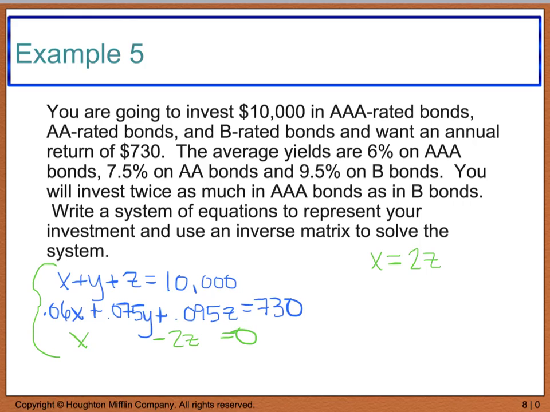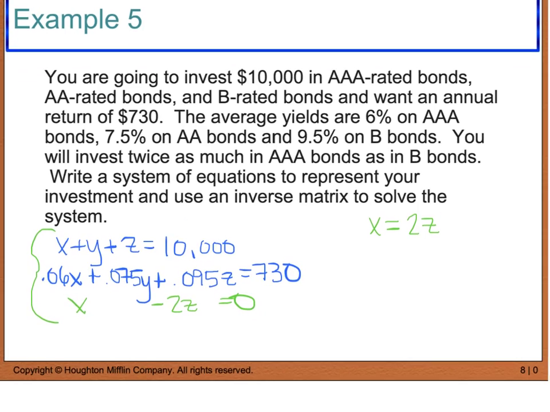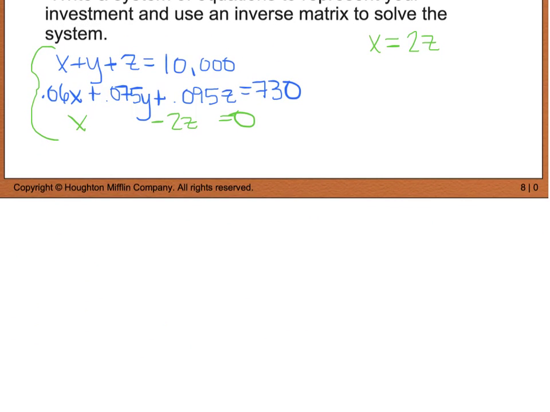To write this in a matrix setup, we are going to write our coefficient matrix A, which is going to be 1, 1, 1, 0.06, 0.075, and 0.095, and then 1, 0, negative 2.